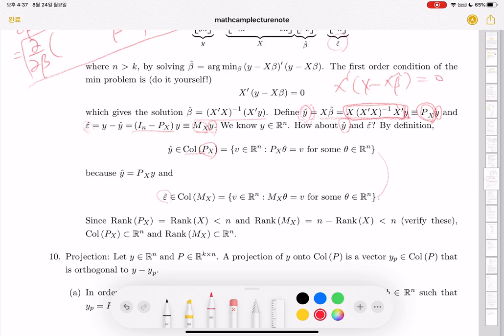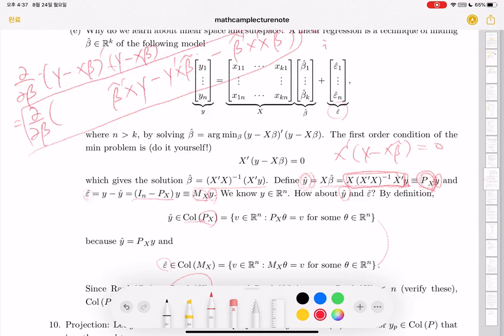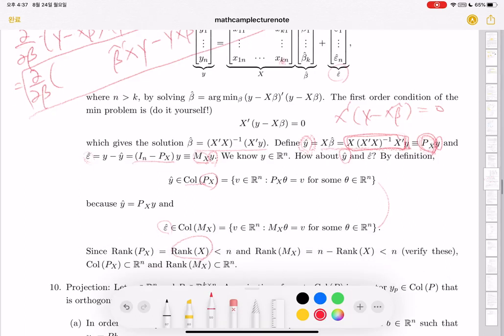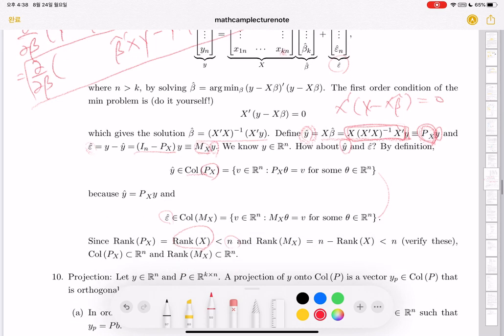And we will see that the rank of P sub x is the same as the rank of x. And here x is k, and the dimension of this one is n. So the rank of x is smaller than the row dimension.